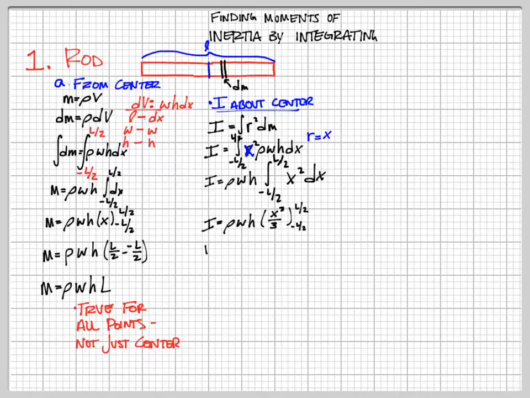And so I'm going to go ahead and move the 3 out of there, just because it's going to make it a little bit easier. So rho WH divided by 3. So it's going to be L over 2 cubed minus negative L over 2 cubed.